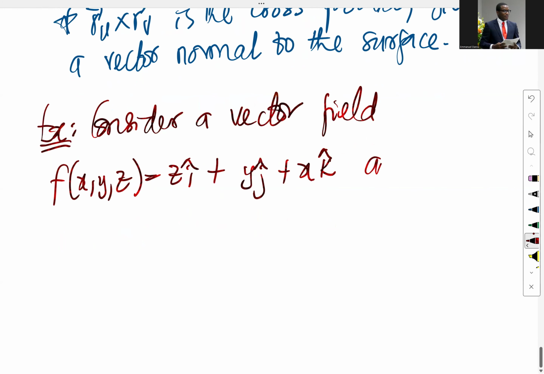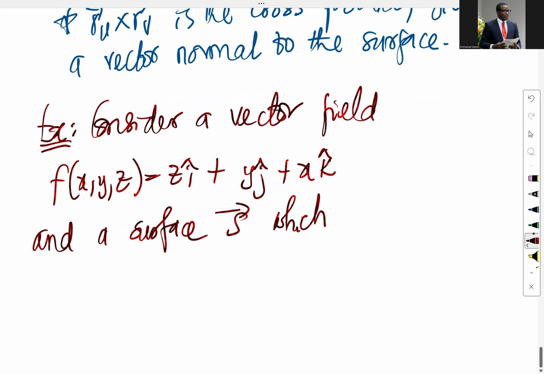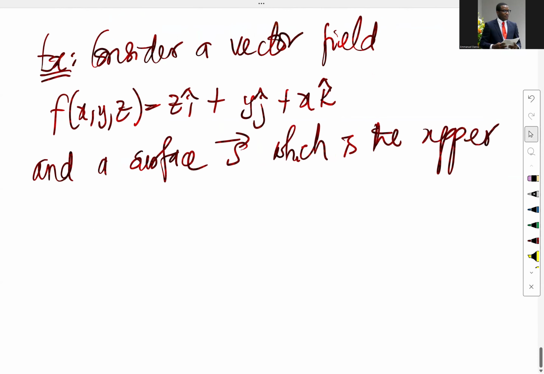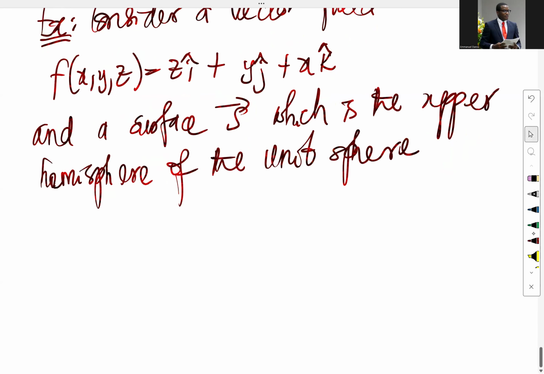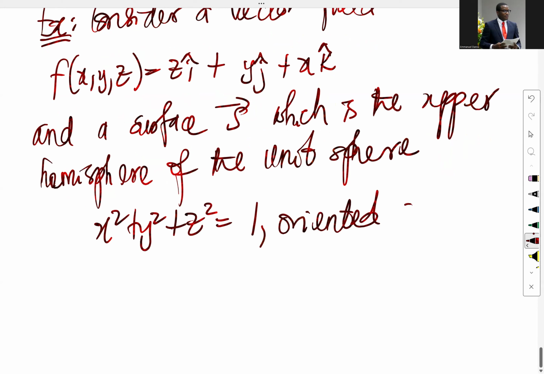And we have the force field, and a surface S, which is the upper hemisphere of the unit sphere, x squared plus y squared plus z squared equals 1, oriented outward.